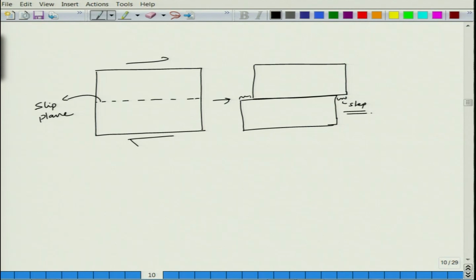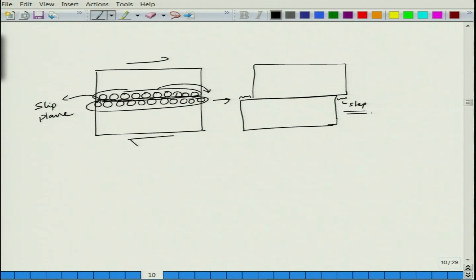If you have a perfect crystal, you have an atom here, atom here, and so on, these atoms sitting here. For this step to form, all of these atoms have to move by one step with respect to the other group of atoms, leading to a step.